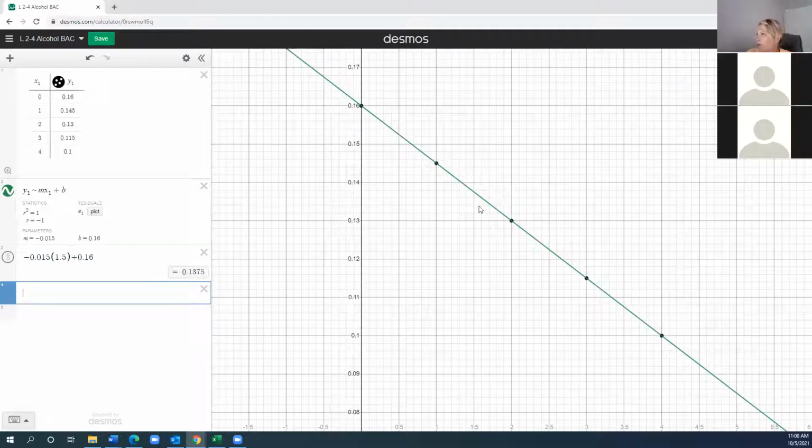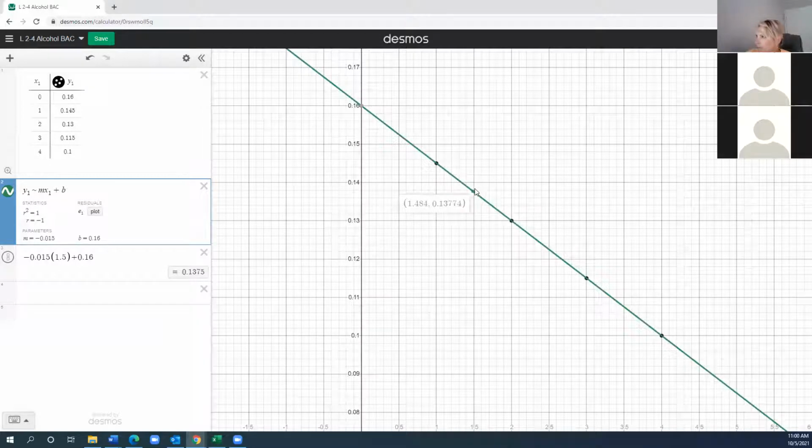That would be one way. Or you could just go to your graph and drag it to 1.5. Sometimes it's hard to get your mouse just perfectly there. But there we've got it. 0.1375 is the BAC, the blood alcohol content.